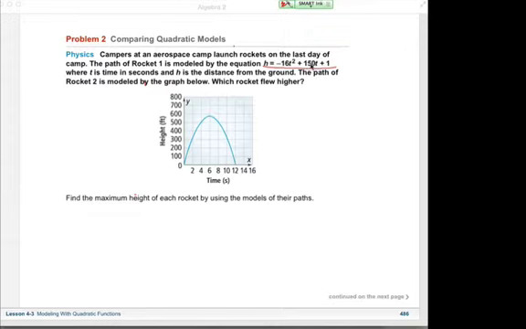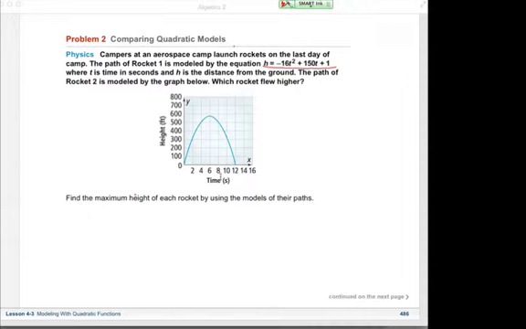And by the way, this is because of gravity. That's where we get this negative 16 coefficient from, where t is the time in seconds and h is the distance from the ground. The path of rocket 2, however, is modeled by the graph that you see in the picture below. Which rocket flew higher?